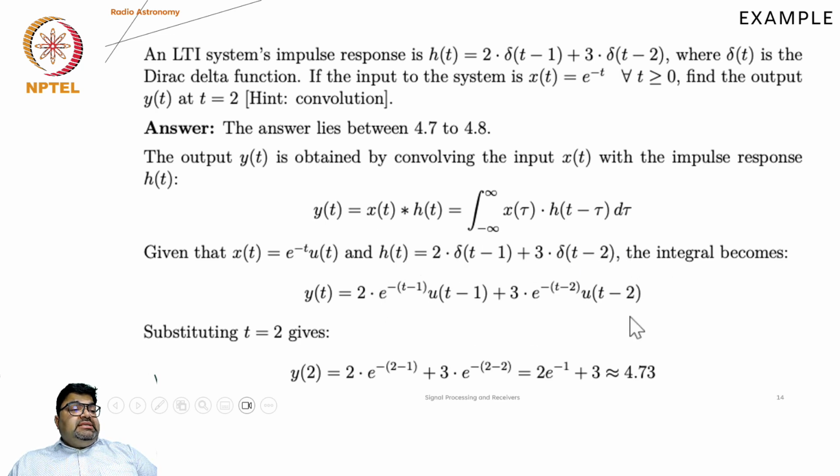If we replace them, you have a delta function. The delta function's property is that it responds only at that particular instant, so at t equal to 1, it will respond nowhere else. So you have y(t) as all these things. Finally you put t equal to 2, and you get y(2) given by 4.73. That's your output signal at t equal to 2.